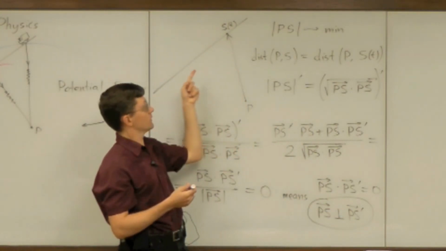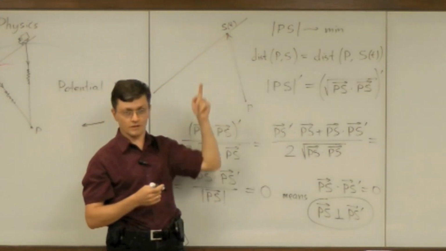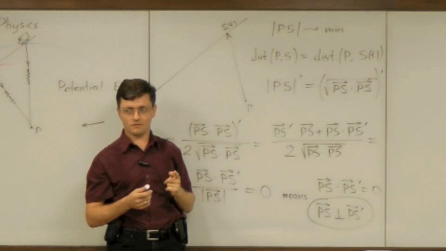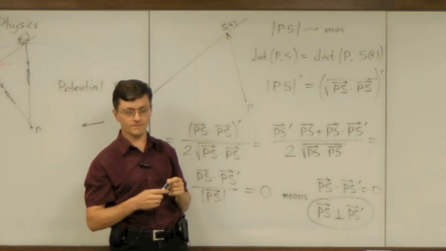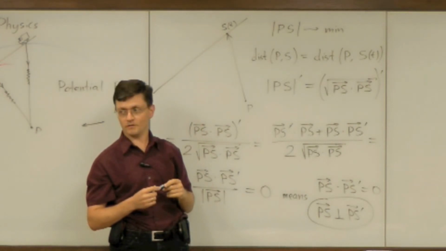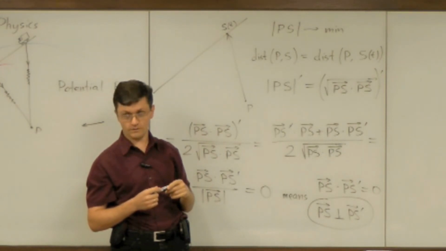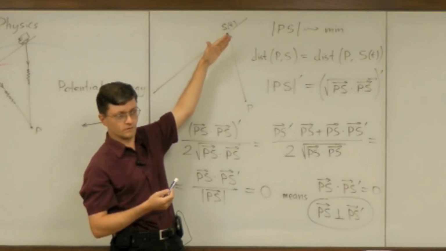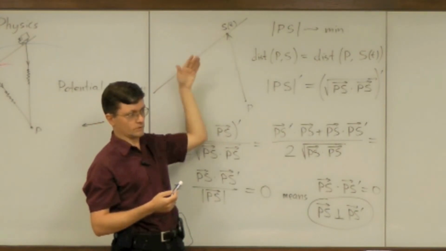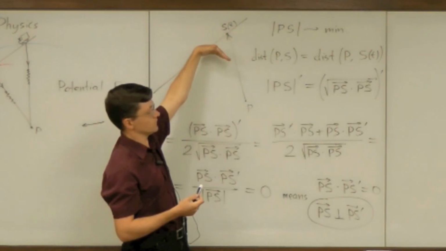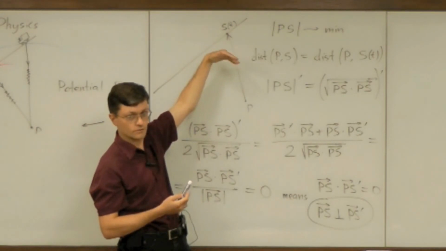Now let me ask you this. If a particle moves along a line, what can you say about the velocity vector of that particle? It follows the path of the line. Isn't it always along that line? One way or the other, but always along the line. It cannot have any other direction.